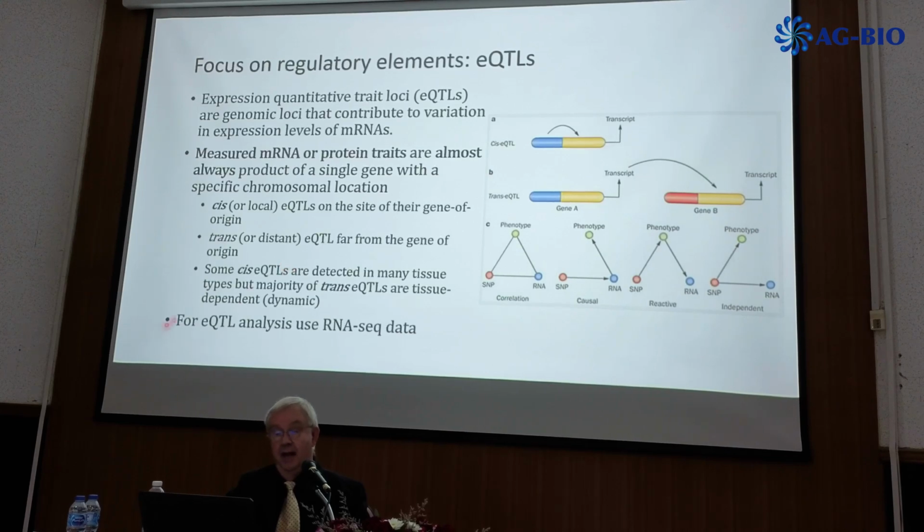Some cis eQTLs are detected in the same tissue, but the majority of trans eQTLs are tissue dependent. So that is one of the things: when you isolate messenger RNA, make sure that you always take the messenger RNA from one and the same tissue. After isolation of the messenger RNAs, you always do RNA-seq.